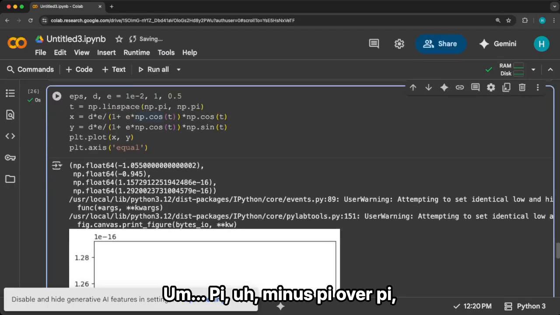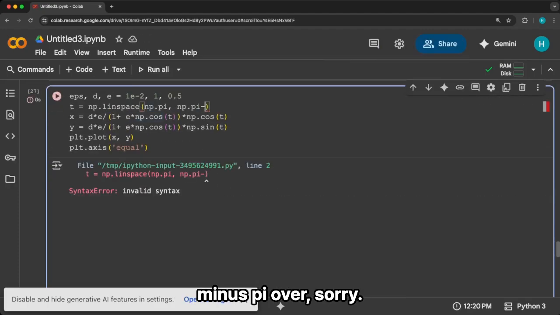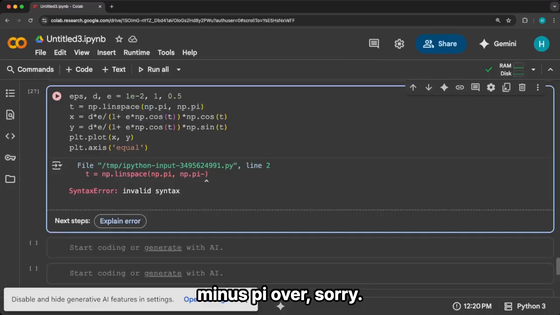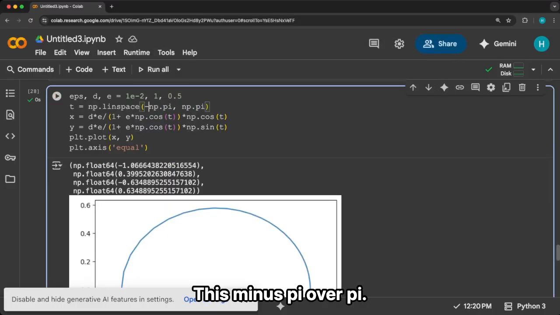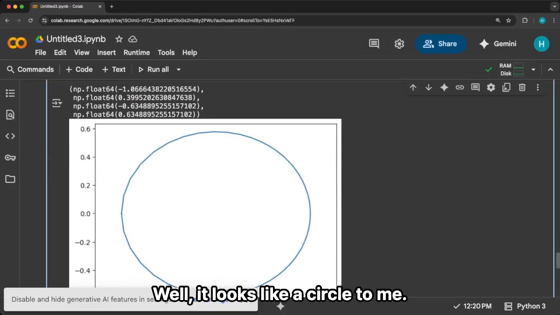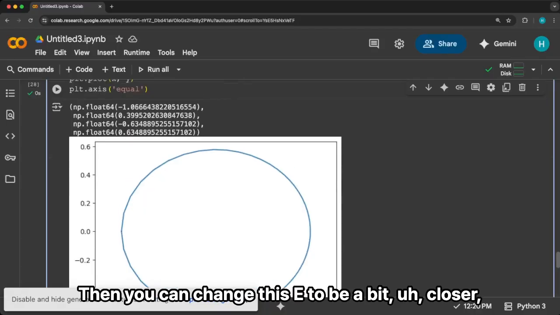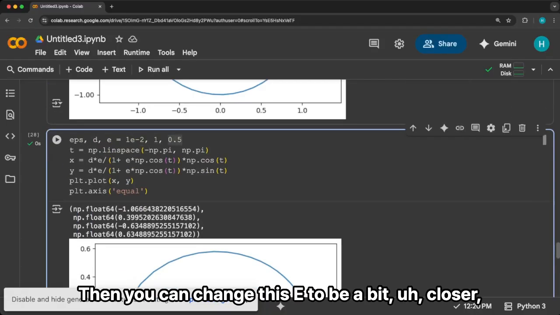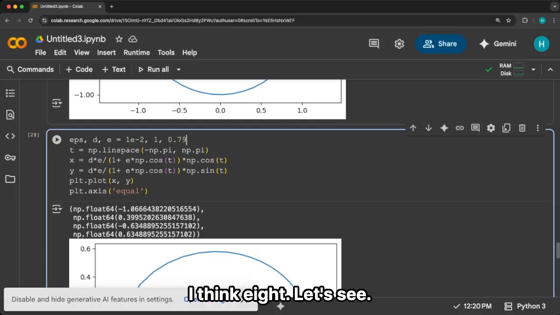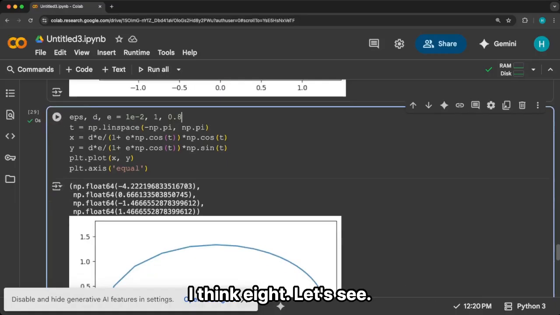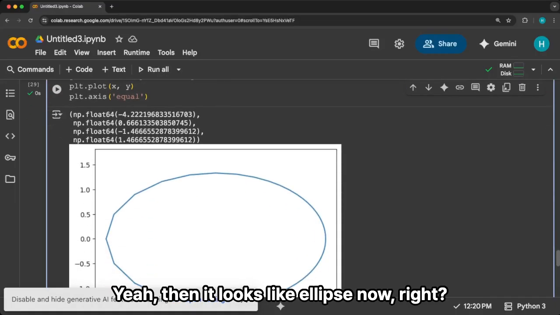Yeah, so it's an ellipse. Well, it looks like a circle to me. Then you can change this E to be a bit closer, I think, 0.8. Let's see. Yeah, then it looks like an ellipse now, right?